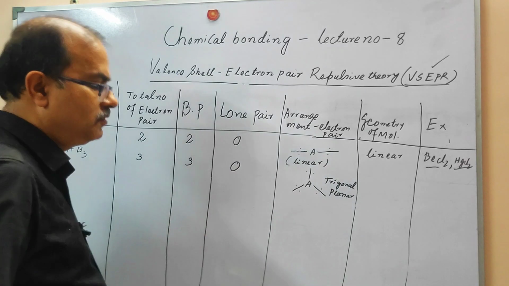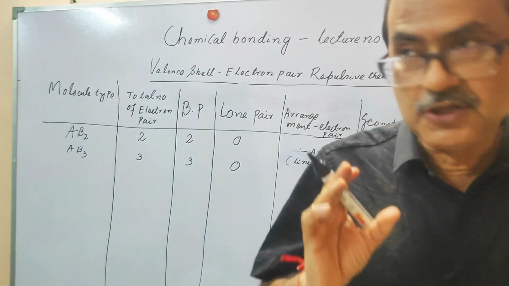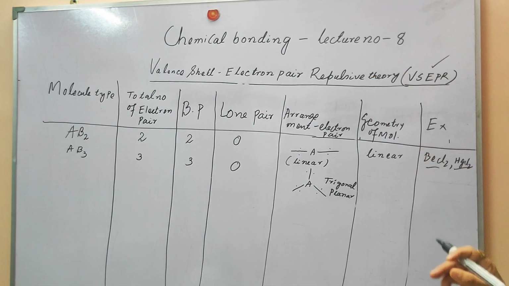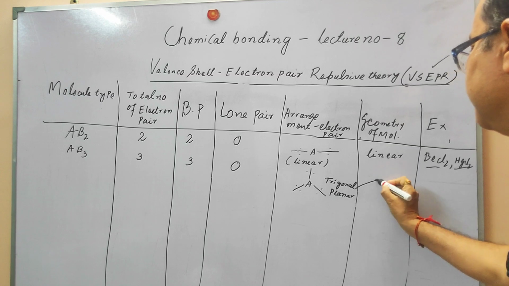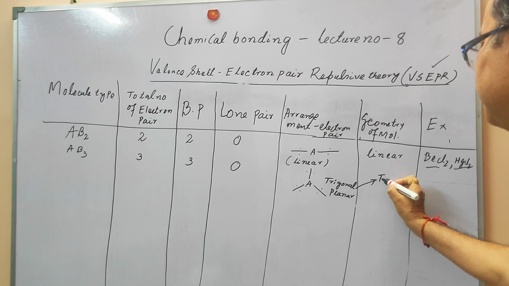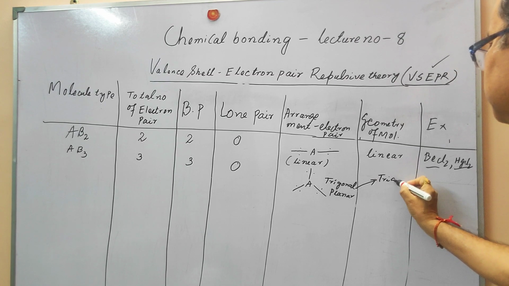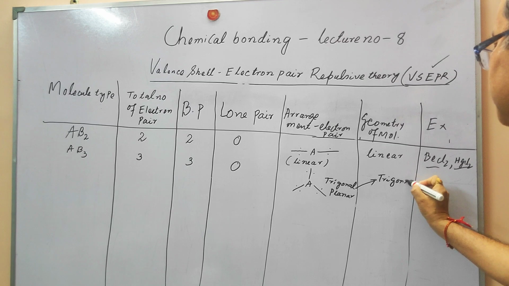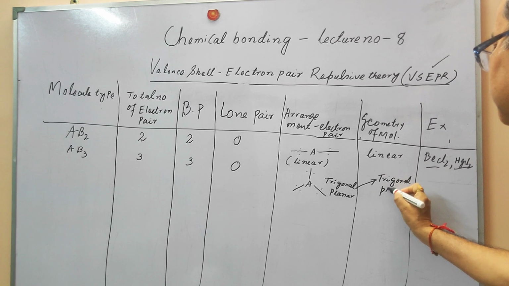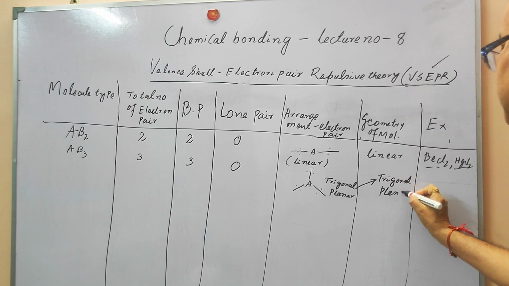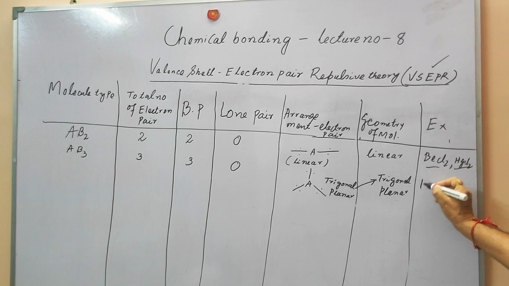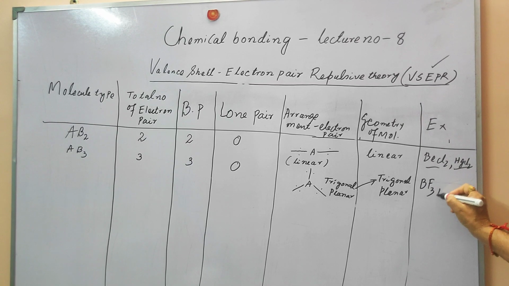That is the arrangement of the electron pairs. And what will be the geometry of the molecule? It will be the same, trigonal planar. Examples of this are BF3 or AlCl3.